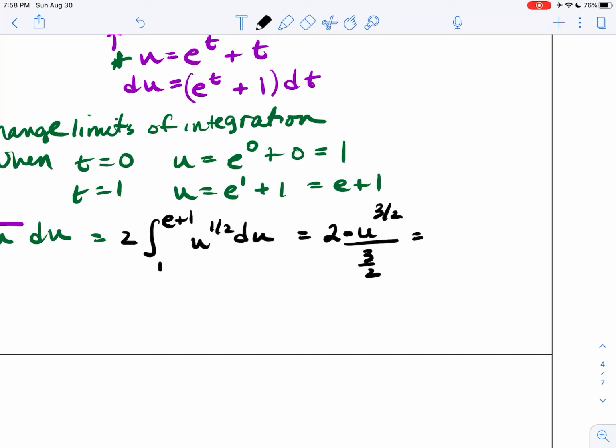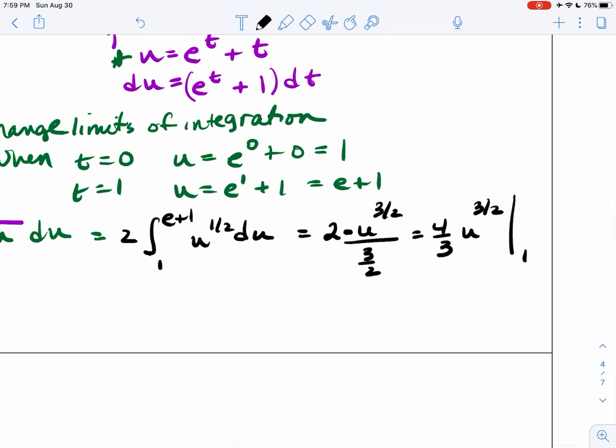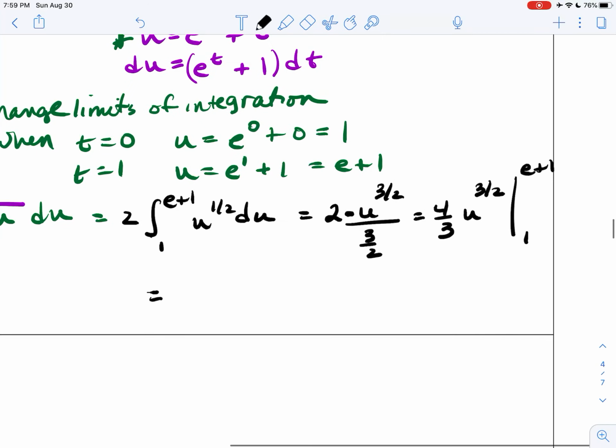That's going to give me 2/3 times 2, so that's going to give me 4/3. Division by a fraction is multiplication by the reciprocal, and I have u to the 3/2. I'm not going to back substitute because I've already changed my limits of integration, and I'm going to go from 1 to e plus 1.